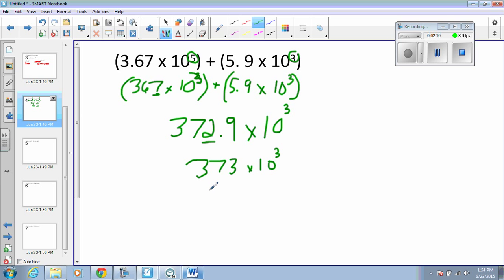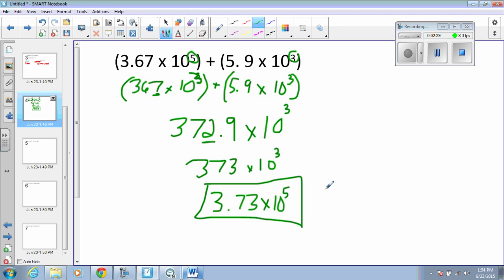And if we want to put that back into correct scientific notation, move those two numbers to the left 2 times, 3.73 times 10 to the 5. That's the correct answer. Just to go back, you could have just moved this to the left 2 times and increased that to 10 to the fifth. That way would have worked also, and you'd still get the correct answer.